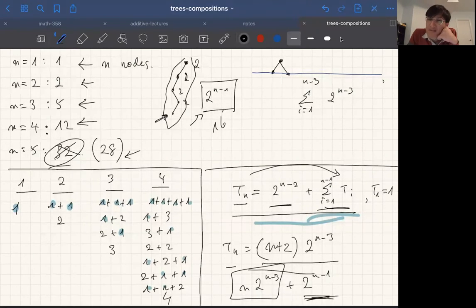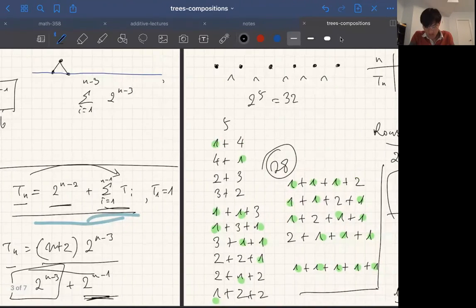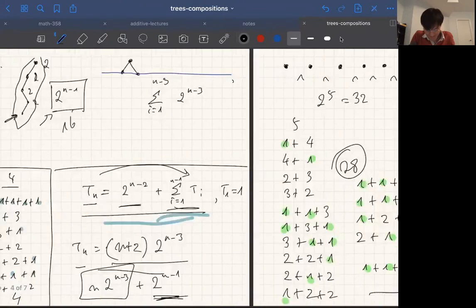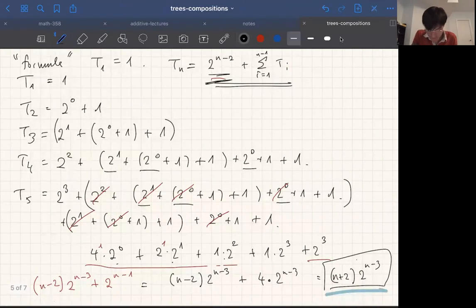So why does that add up to n minus 3 and not n? Are we not counting 2 to the n minus 1 there? Oh, I've got it. Okay, this is embarrassing. The formula is 2 to the n minus 2 plus this. No, it's not. No, never mind.